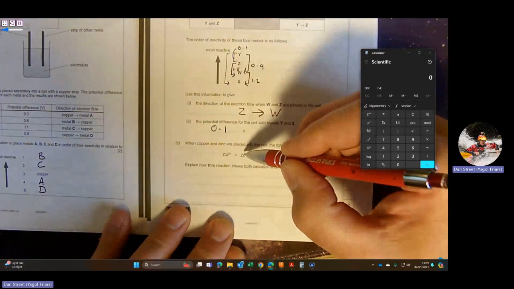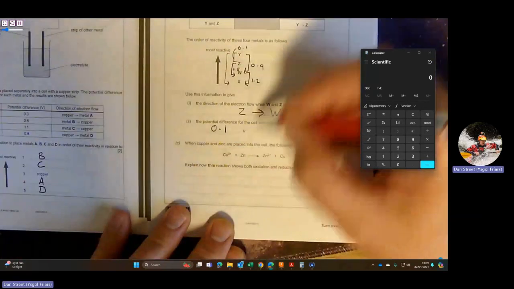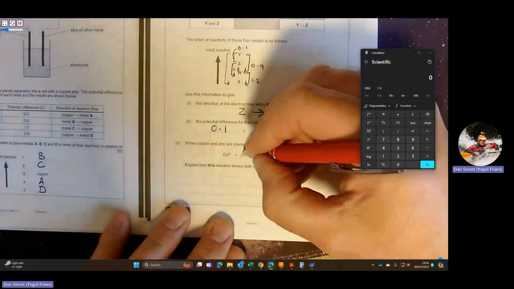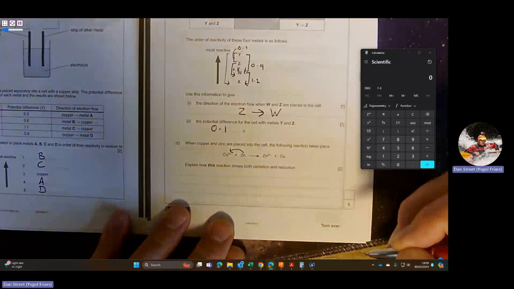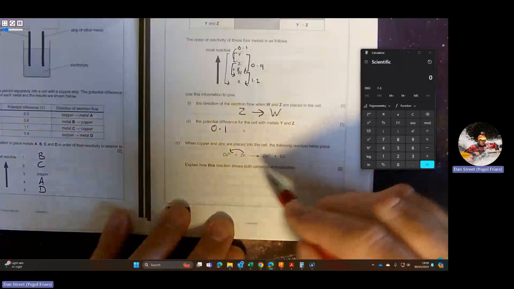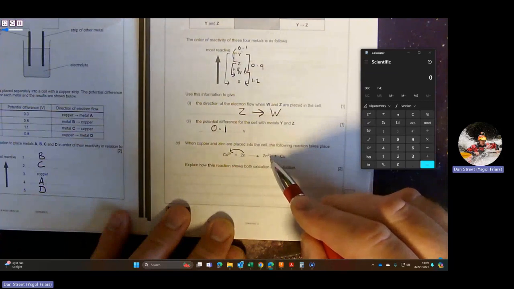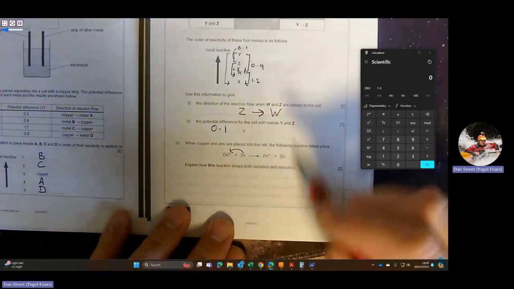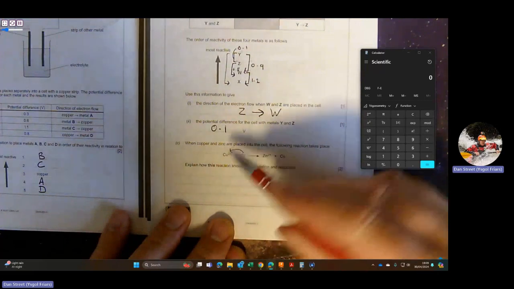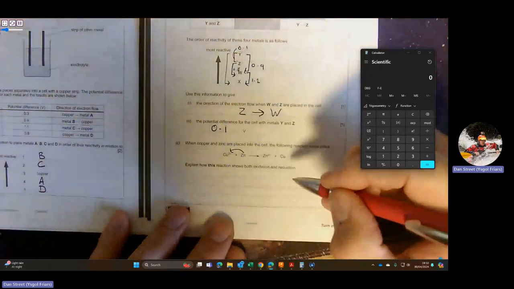If this becomes positive and this becomes neutral from being positive, then, looking at the previous question, we know the electrons are moving from the zinc to the copper, because that neutral zinc becomes positive because it has lost electrons, given electrons away to the copper, and conversely the copper has gained electrons from the zinc.